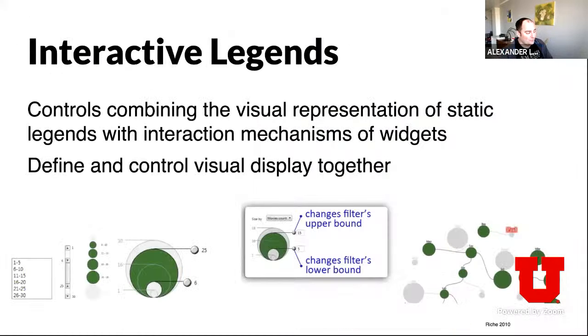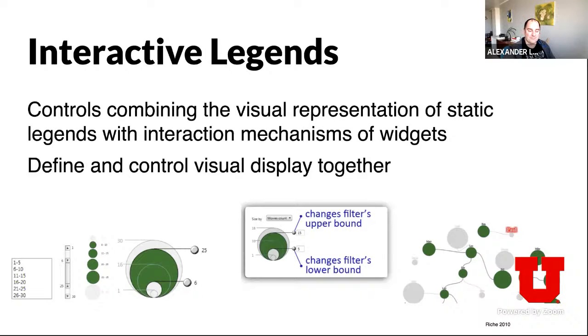One thing I really like is to do this with interactive legends, right? If you have something like a bubble chart, you need to visualize a legend, showing what the size of a bubble corresponds to. Then you can combine this legend directly with a filtering widget.